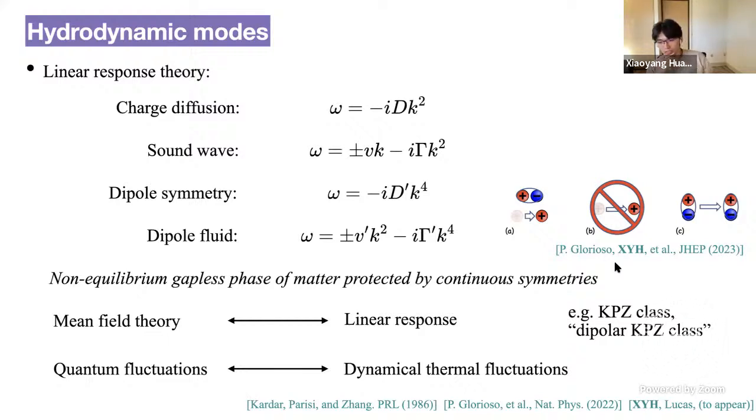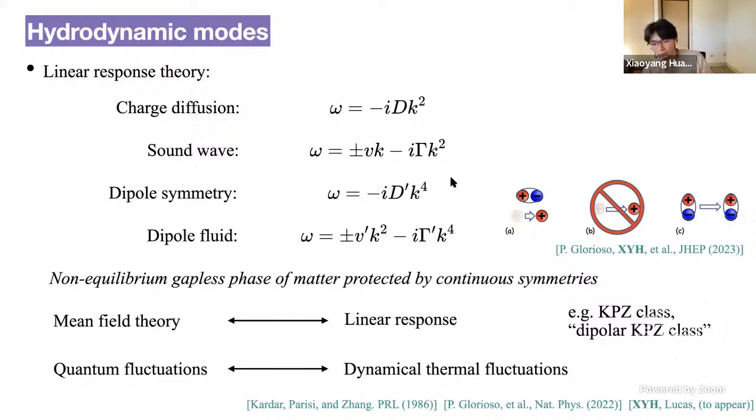One example is the so-called KPZ class, where instead of getting diffusion, there are instabilities that can happen in, for example, one-dimensional fluid dynamics that drive you to super-diffusive behavior. And more recently, we have generalized this concept into higher dimension using this dipole constraint.